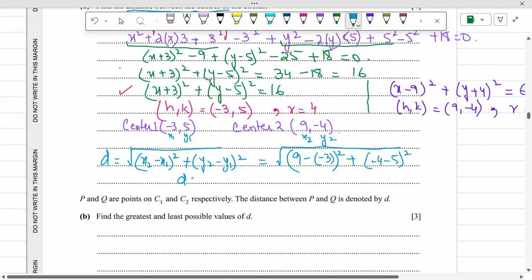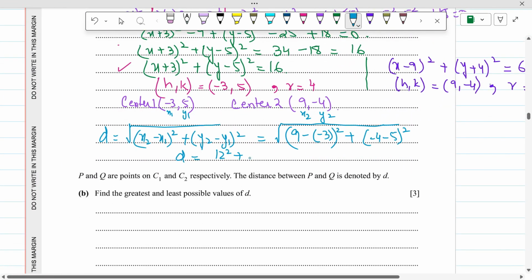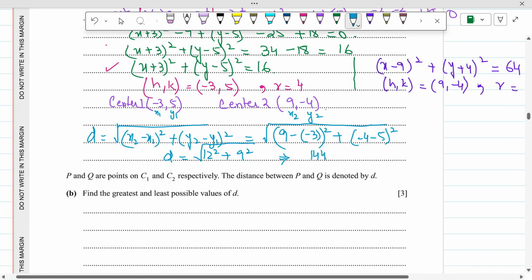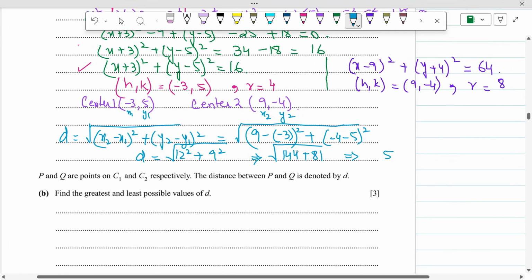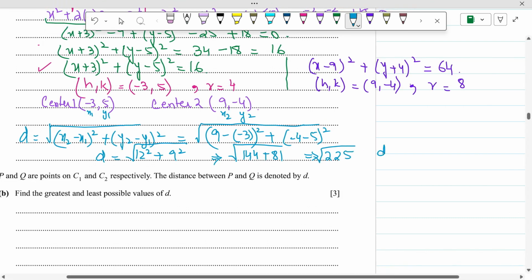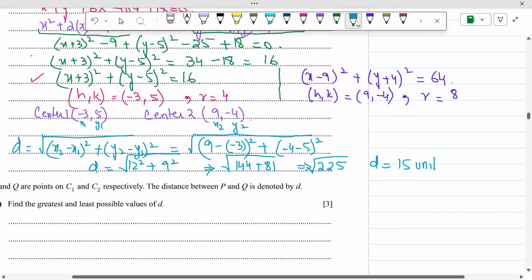So the distance is the square root of 12 square plus negative 9 square. Further solving, we have 144 plus 81, which equals 225. When we take the square root, the distance is equal to 15. There is no unit, so you can write a unit.